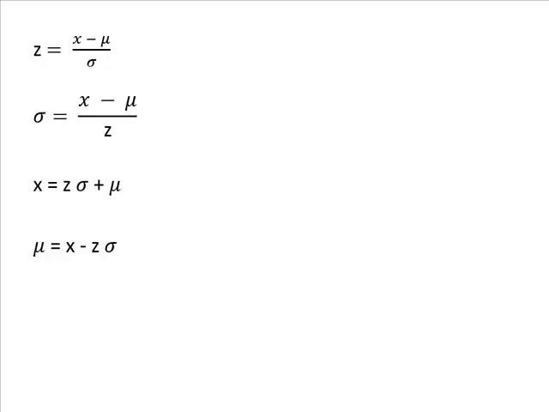This is how we're going to approach any type of problem that looks like a z-score problem. Okay. So the first thing that we do when we read a problem, let's just grab one from the textbook.